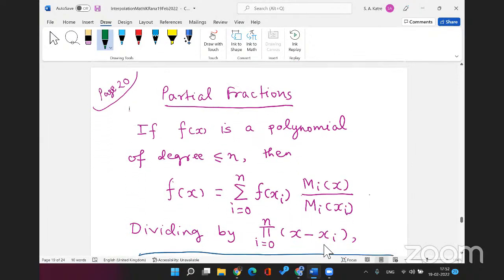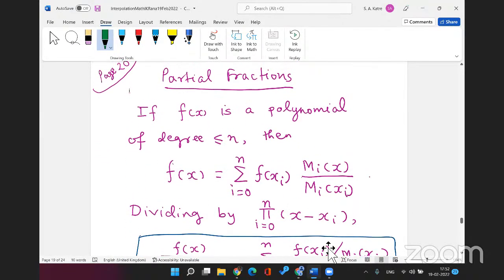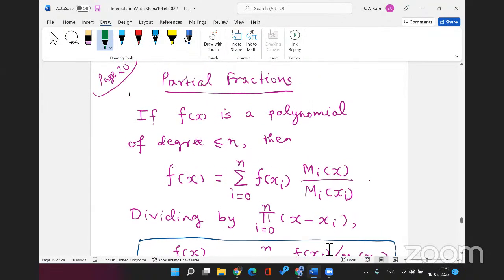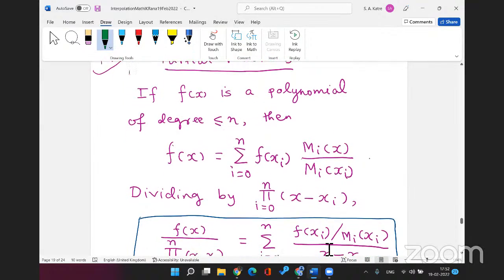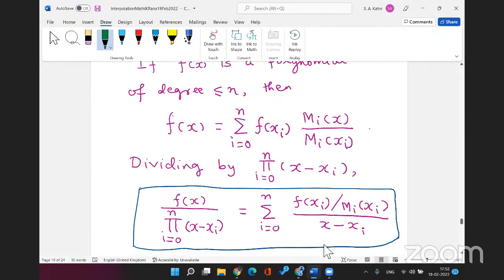Now partial fractions, how do you get them from this? Because I wanted to connect to partial fractions also. So we have this Lagrange interpolation formula, f(x) equal to summation f(xi) Mi(x) upon Mi(xi). Now you divide by the product of x minus xi, i equal to 0 to n. What do you get? f(x) upon this product. The denominator is a product of n plus 1 linear polynomials, and you want to write it into partial fractions.